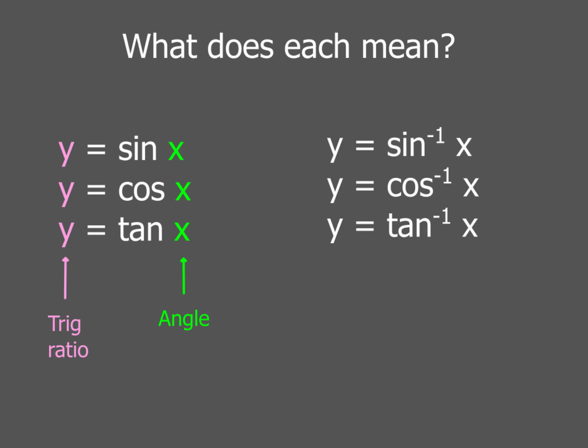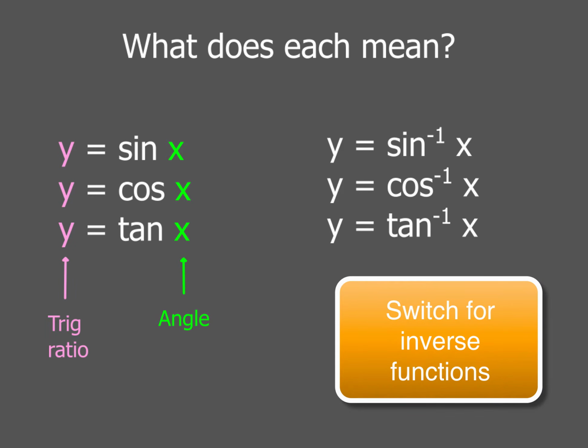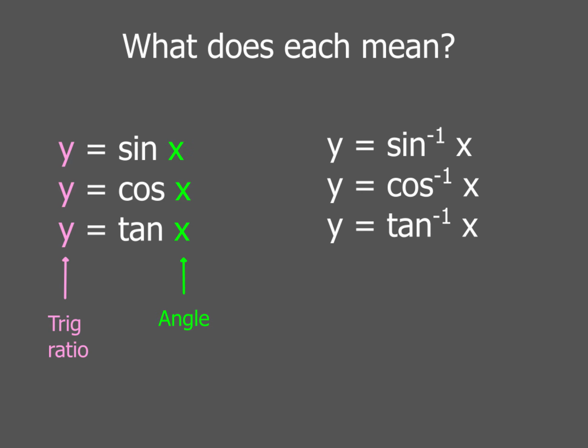So when you look at this type of problem, the trig ratio is what the y is, and the angle is what the x is. But if you take the inverse, remember when you take the inverse, you switch the x and the y properties. Even though it's still written as y equals, that just means the y now is going to represent the angle and the x is going to represent the trig ratio.